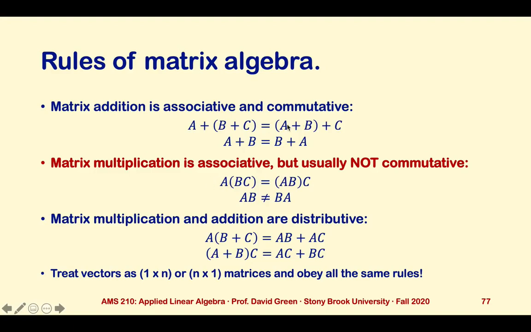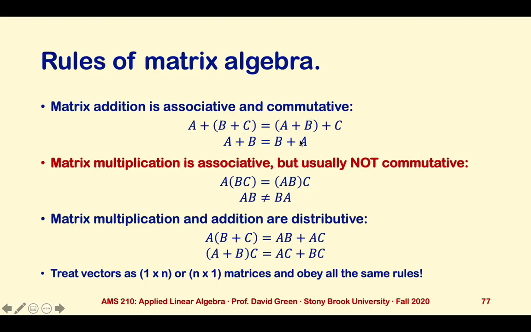This means that we can just write a product ABC without using parentheses, and it's well defined. Matrix multiplication and addition are distributive with respect to one another. What does that mean? It means that A times (B plus C) is A times B plus A times C, and (A plus B) times C is A times C plus B times C.